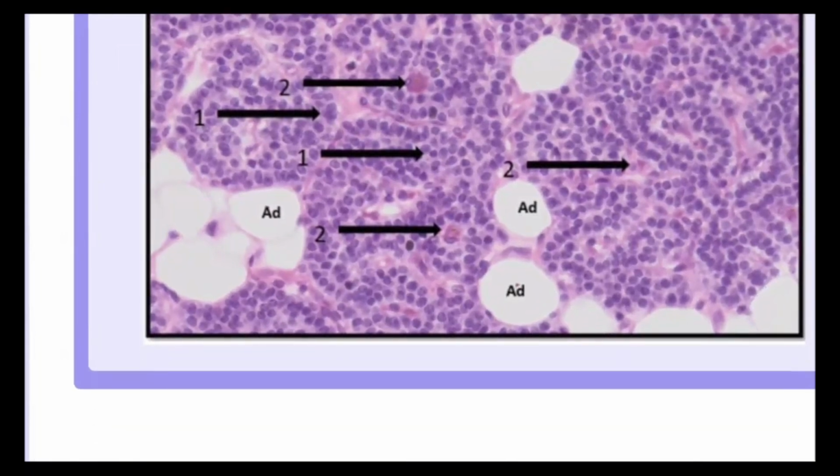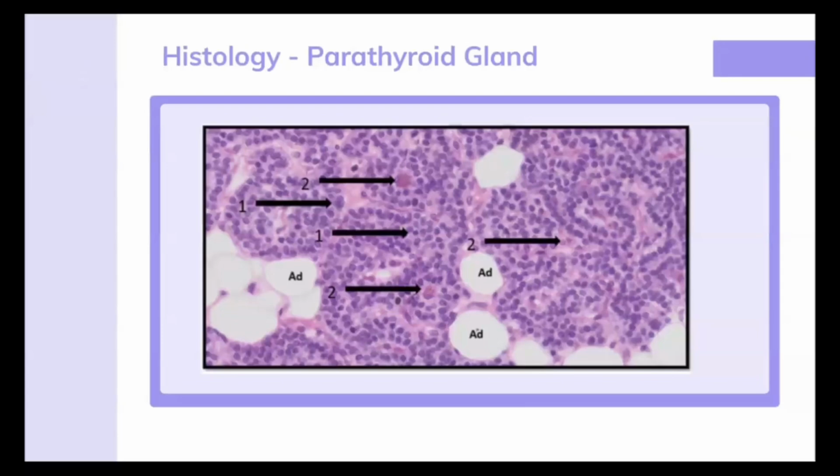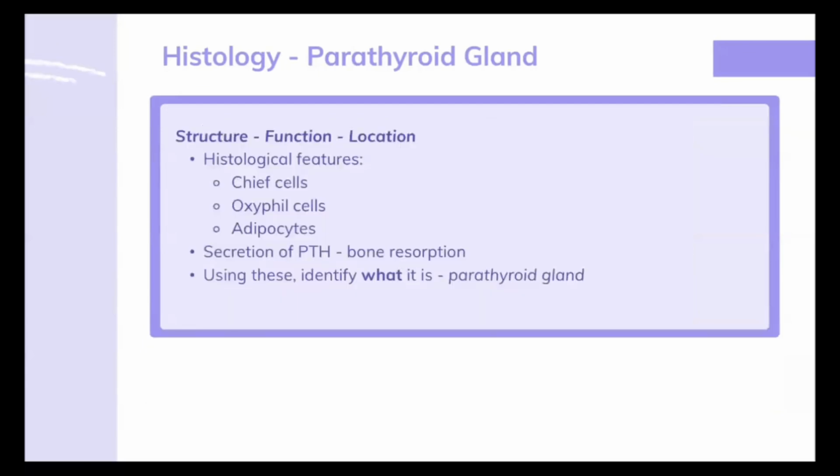So again, this is a very classic feature of the parathyroid gland. They might just point at the labeling and ask you what is 1 and what is 2. You say chief cells, oxyphil cells, and they might ask you a function of them. So the main function is secreting PTH, and then bone resorption is a secondary function. But this is your main thing, secretion of PTH.